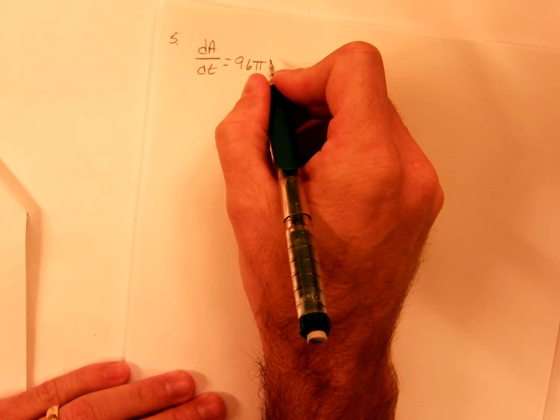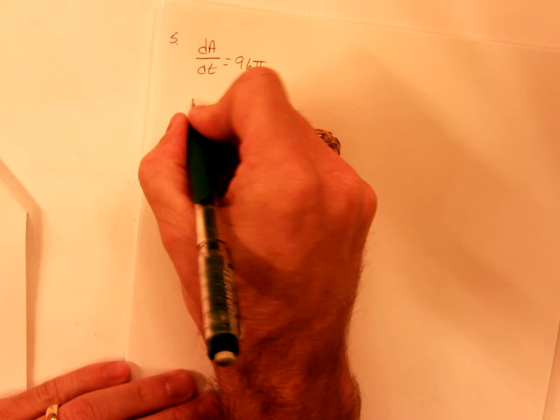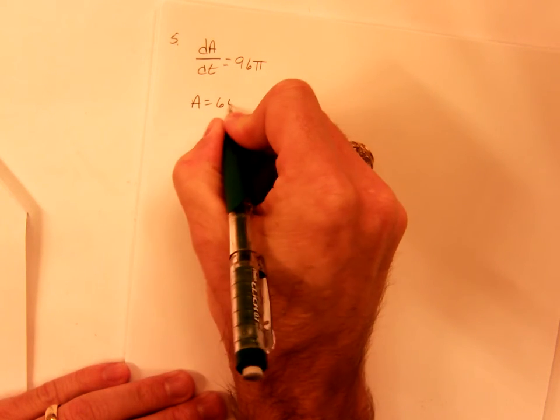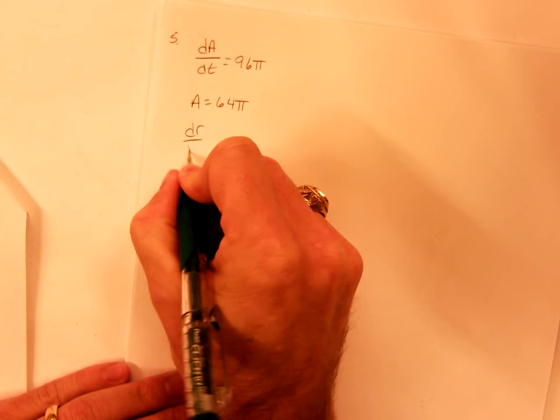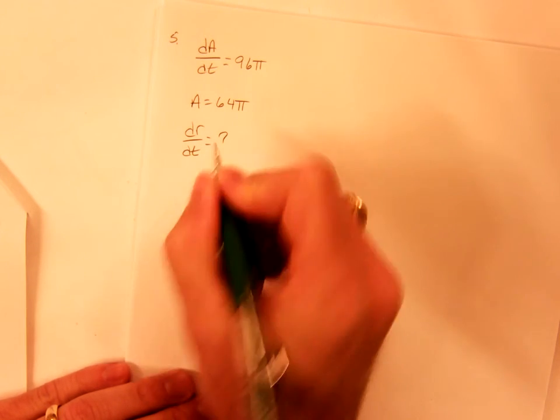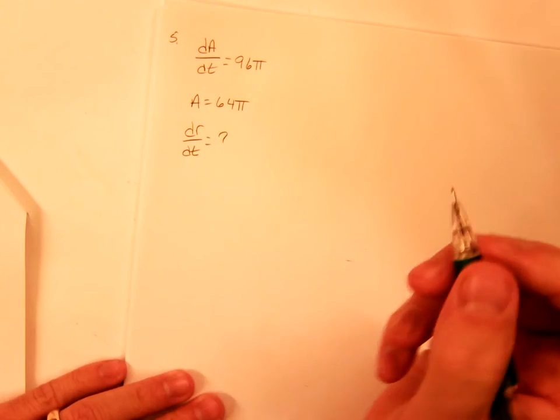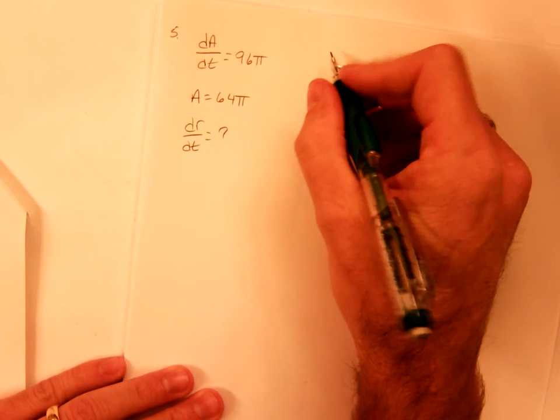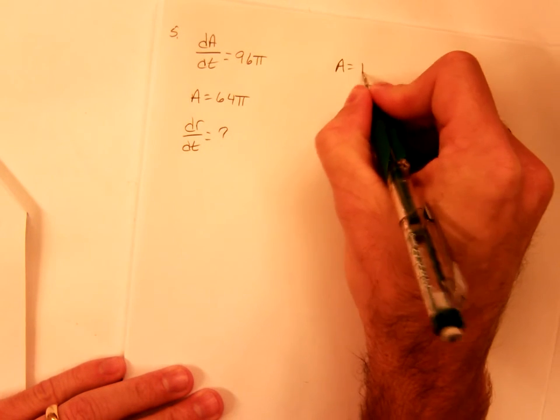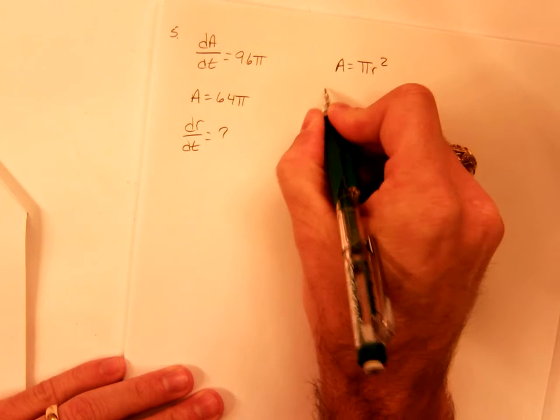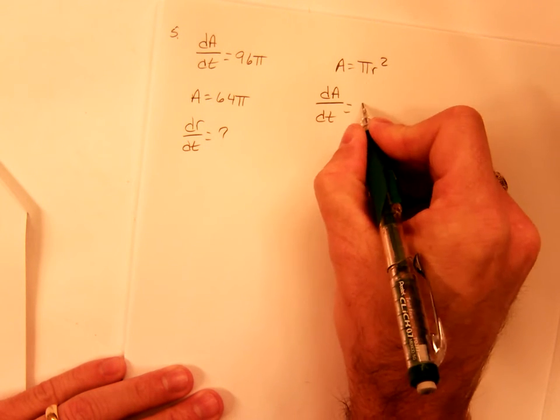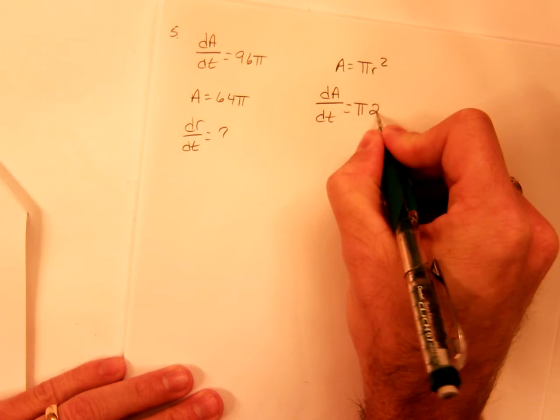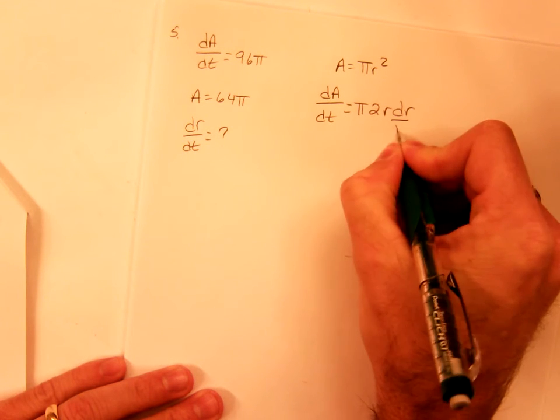When the area of the region is 64 pi, how fast per second is the radius changing? So dr/dt is what I'm looking for. The area of a circle is equal to pi r squared. When I take the derivative of both sides, dA/dt is equal to pi times 2r dr/dt.